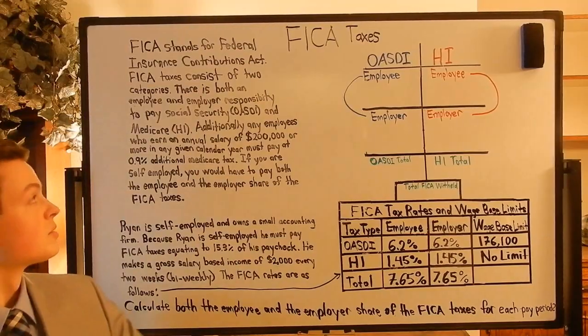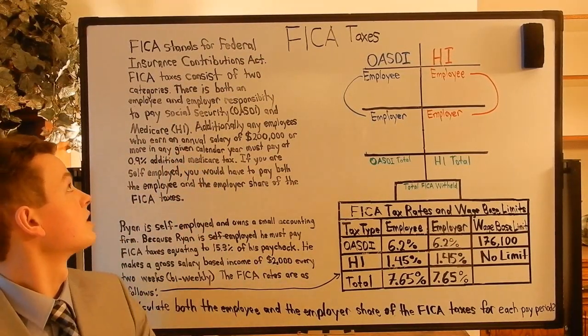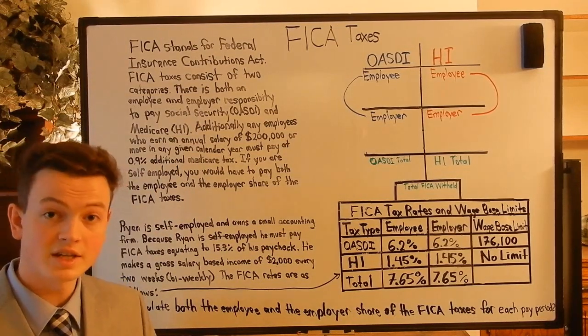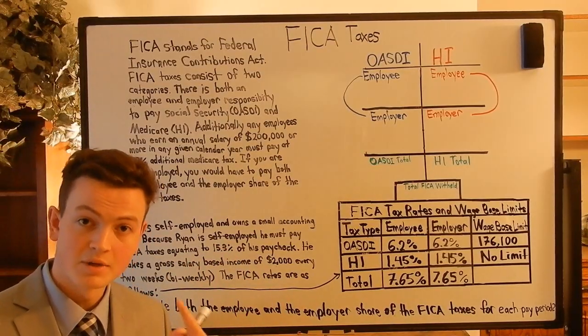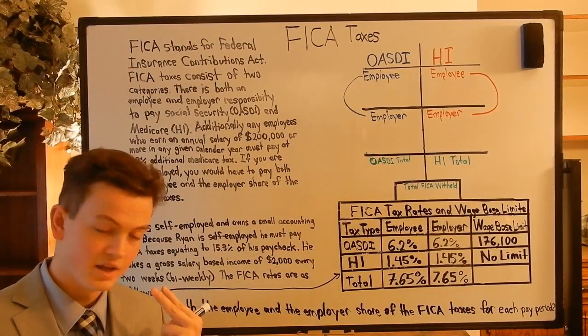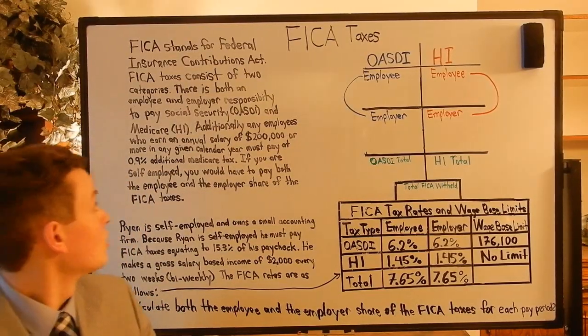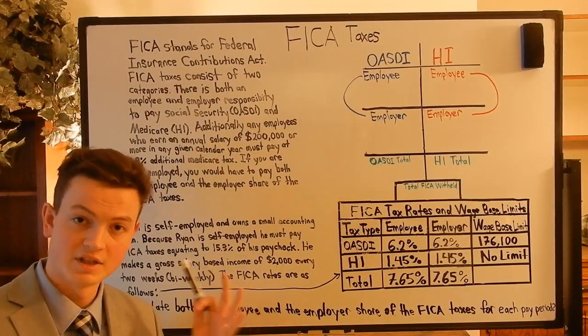So, the problem here: FICA taxes stands for Federal Insurance Contributions Act. FICA taxes consist of two categories, one being Social Security and the other being Medicare. There is both an employer and an employee responsibility for these taxes.